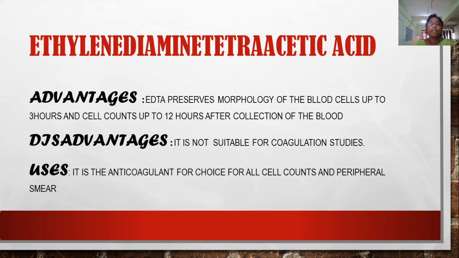What are the disadvantages? It is not suitable for coagulation studies. Like for serum creatinine and bilirubin levels, when we collect bilirubin and serum creatinine, we use tubes without anticoagulants.